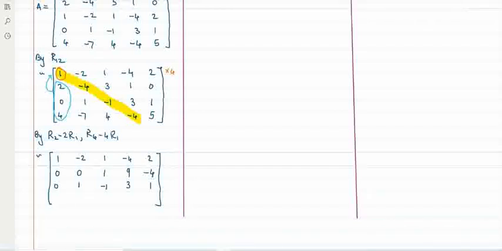Can anyone tell the elements? One. Okay. Zero. 0. Correct.